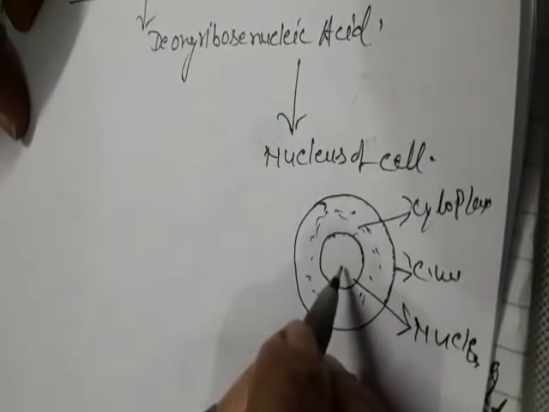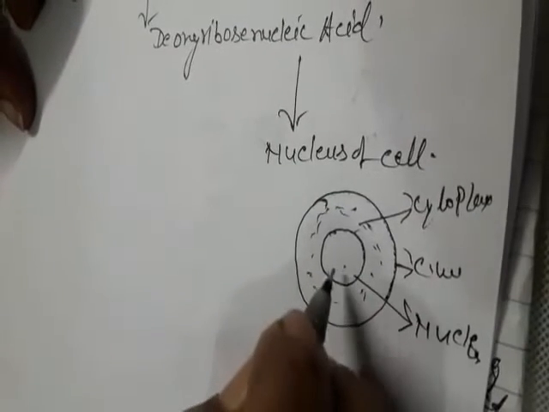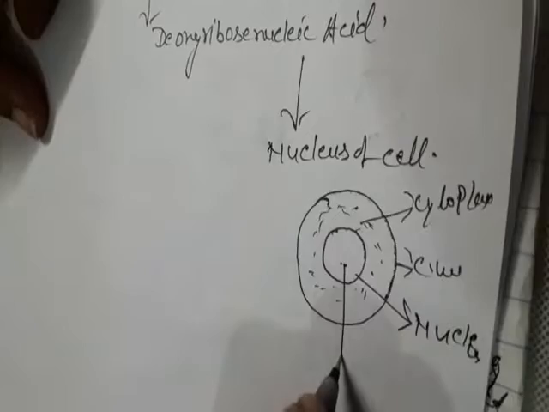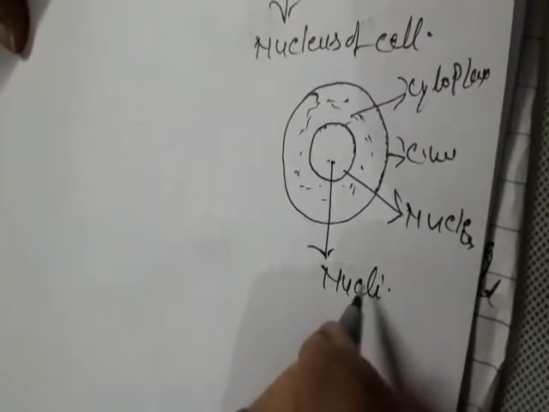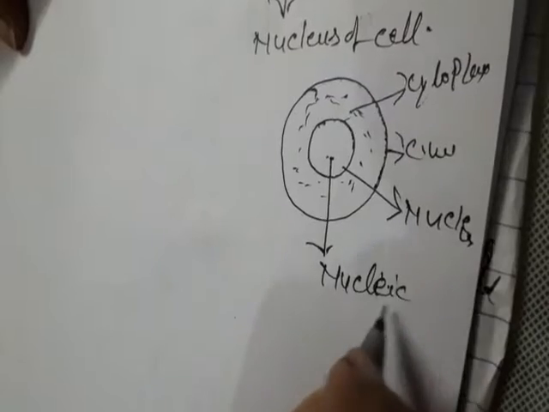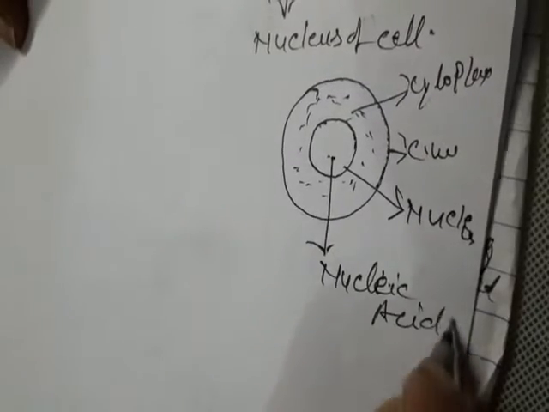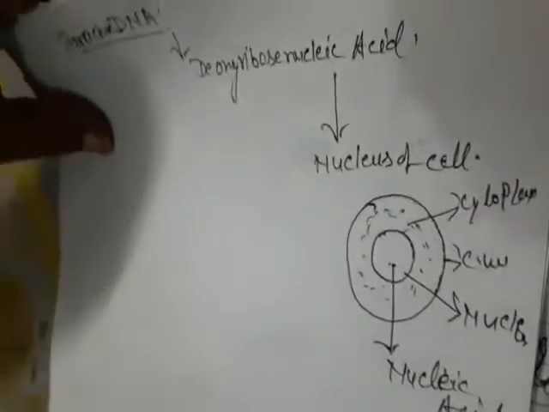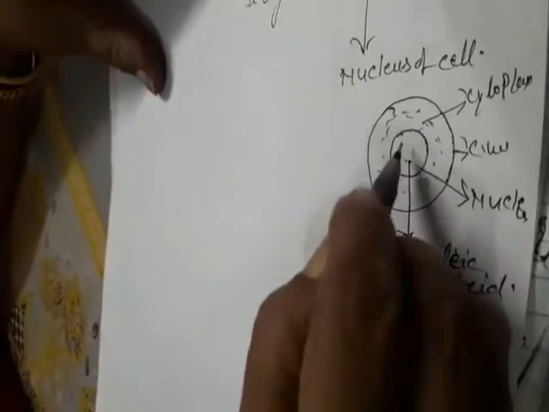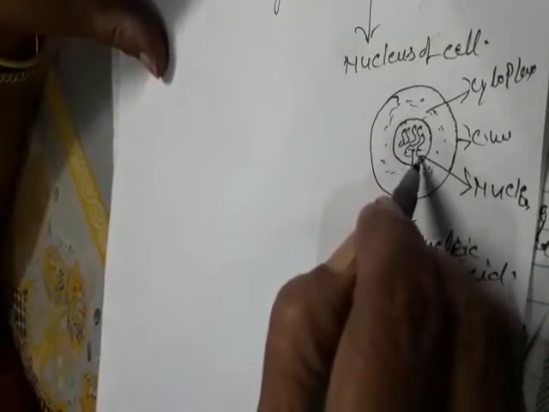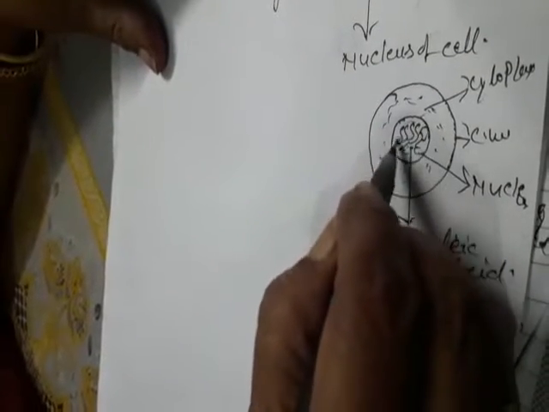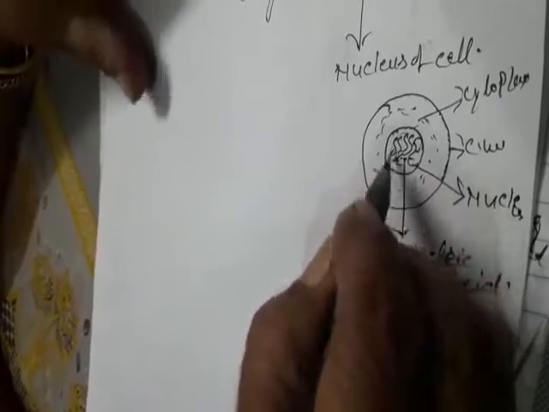Inside the nucleus, nucleic acid is present. Inside it there are thread-like structures which form condensed structures.